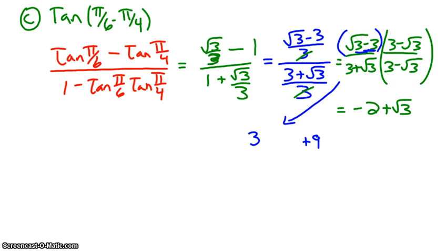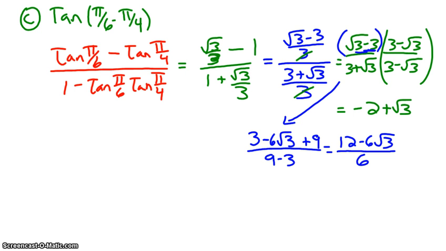I'm going to multiply the 2 in the middle and double it, so I'm going to get a negative 6 radical 3 inside. That is all going to be over 3, a 9 minus a 3, giving me then a 12 minus 6 radical 3 all over 6.